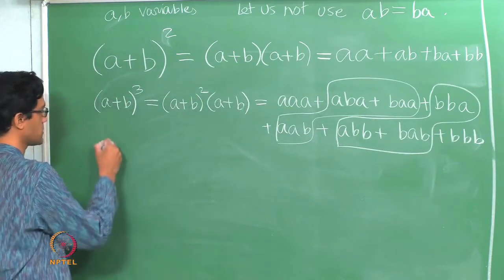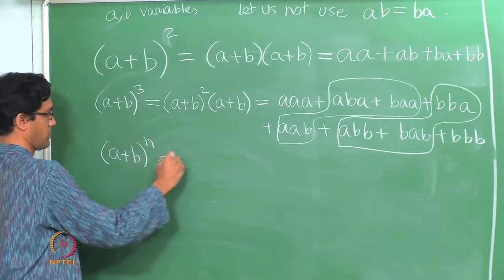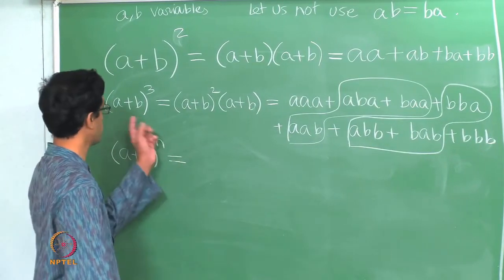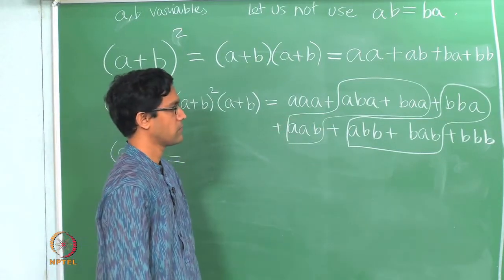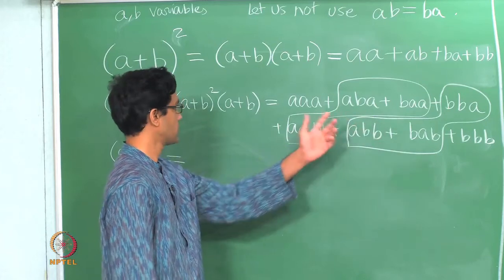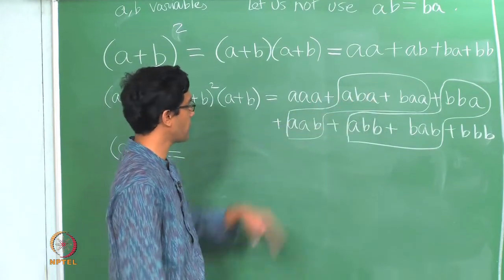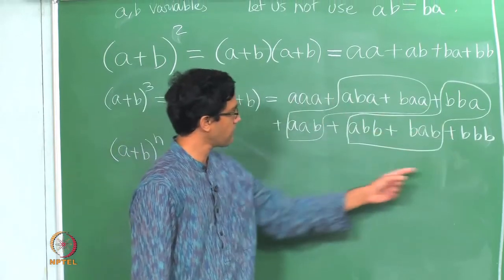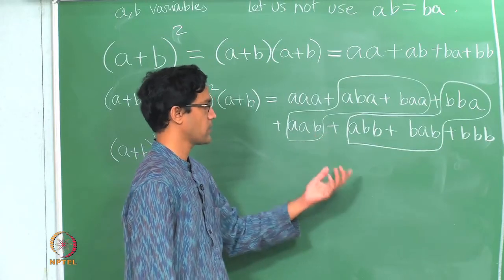So observe, this is suggesting the following thing. I just wrote out all the words there with 2 A's and 2 B's. So this is not quite that, but it's clear from looking at what we are doing that what I have obtained is all possible words of length 3 in A's and B's.